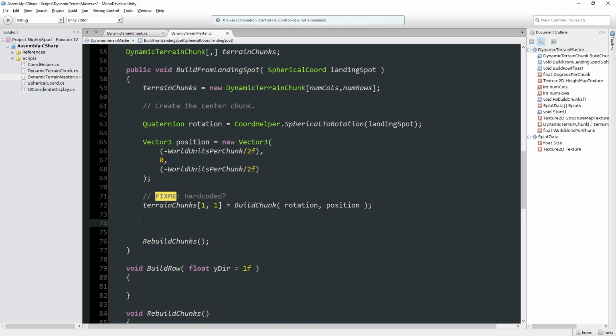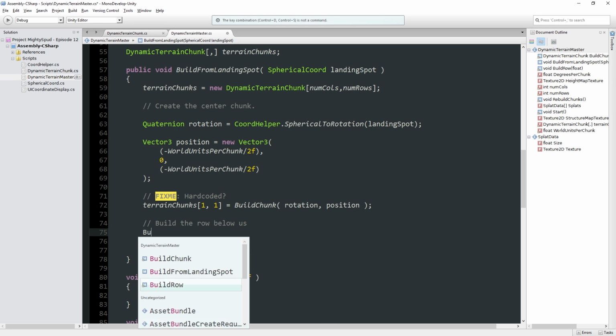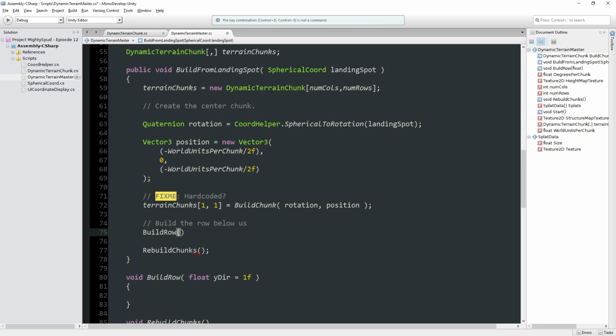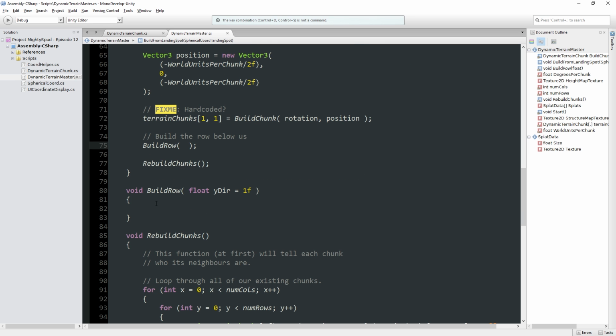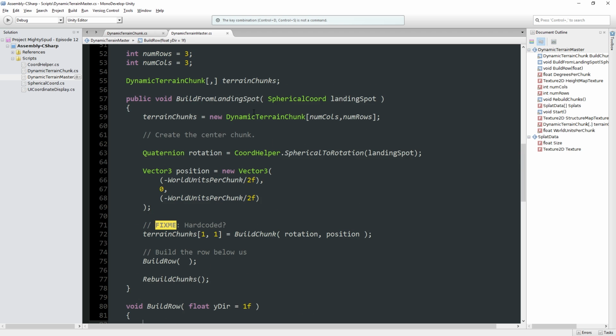Then what we're going to do is call build the row below us. So we're just going to manually call build row, and we'll give the y direction equals 1. It's possible that this will be the row above us as opposed to below us, but we'll adjust something. Maybe we'll just adjust the comment. I don't know. All right.